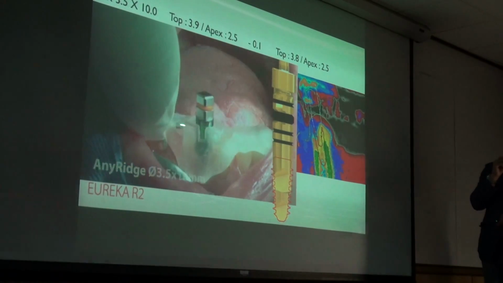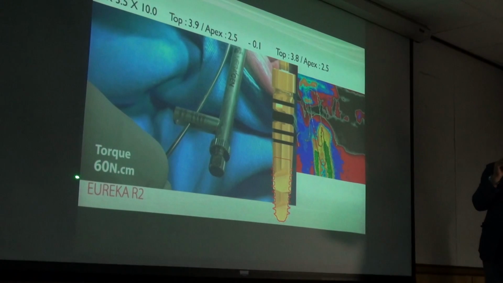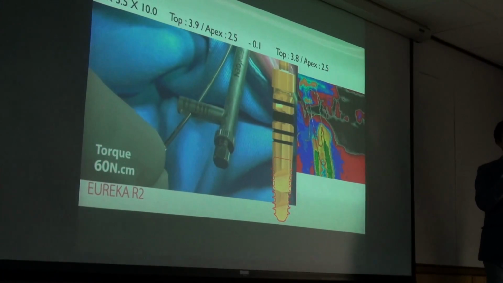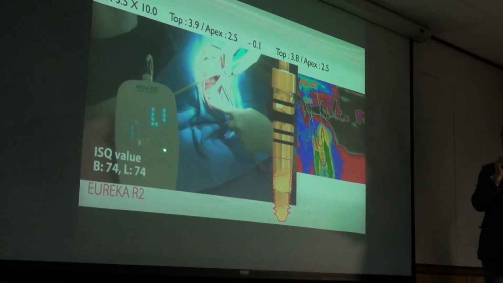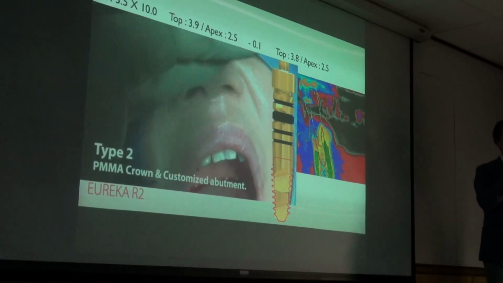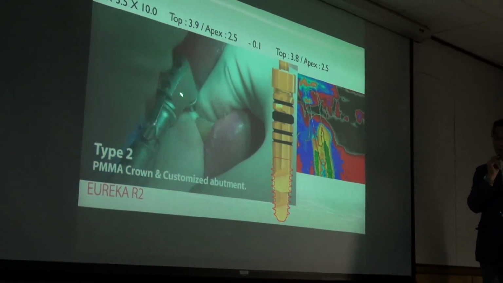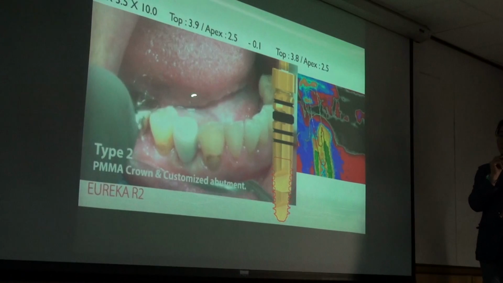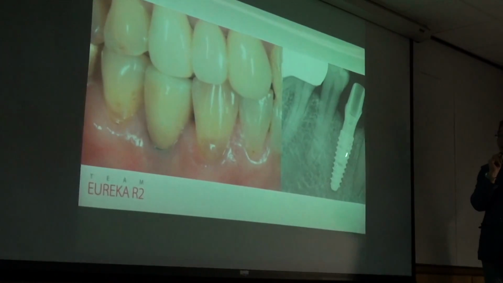So I placed it in the right position and checked the torque value, 60 Newton. How about the ISQ? 74, 74. So it is good for immediate loading. So immediately I connected the ready-made provisional prosthesis. After that, I made the final restoration. This is the titanium customized abutment and the zirconia prosthesis.